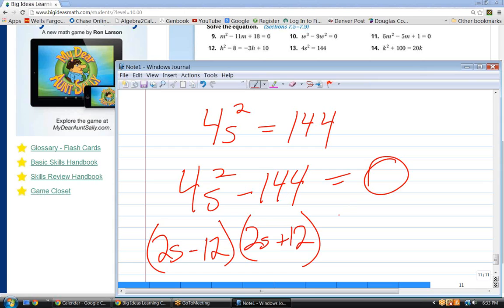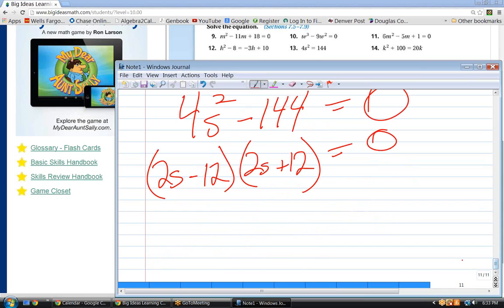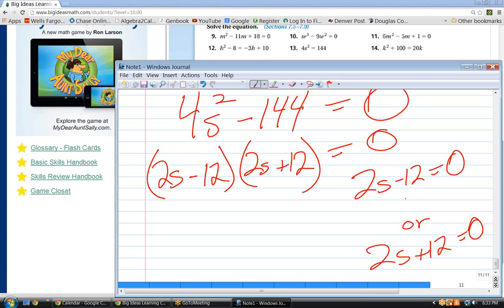Yeah. Now solve both of those. What do you get for solutions? We got 2s minus 12 equals 0, or 2s plus 12 equals 0. I think the first one is positive 6, and then the second one is negative 6.